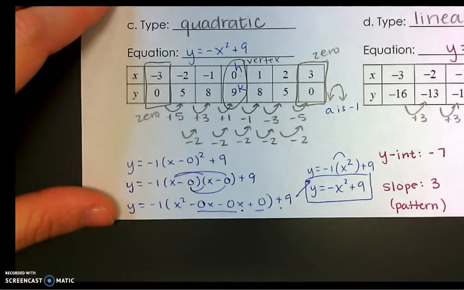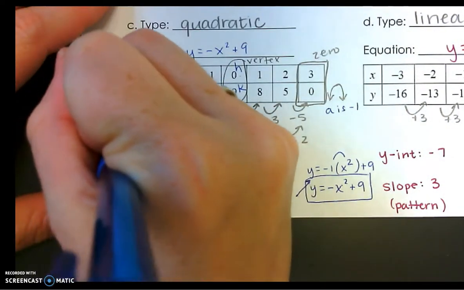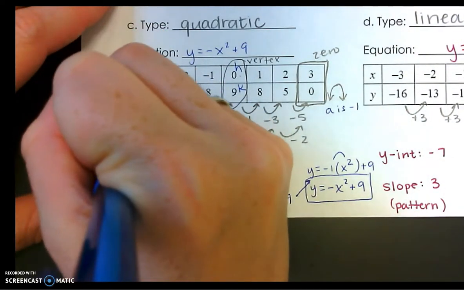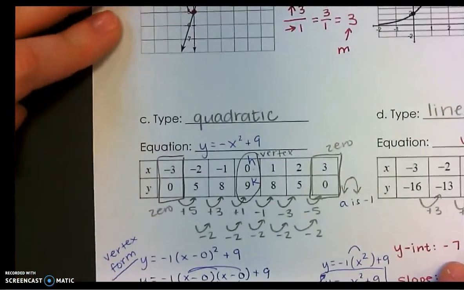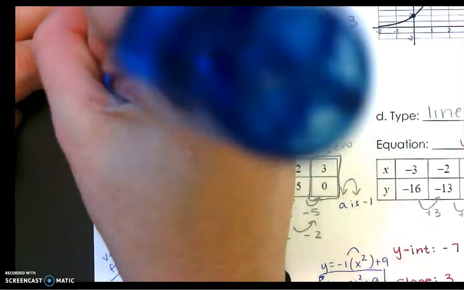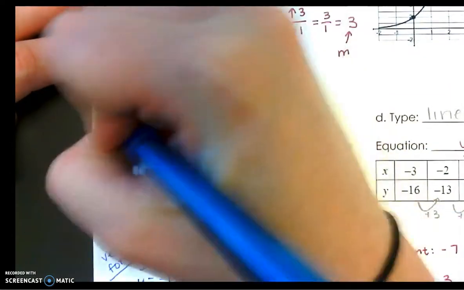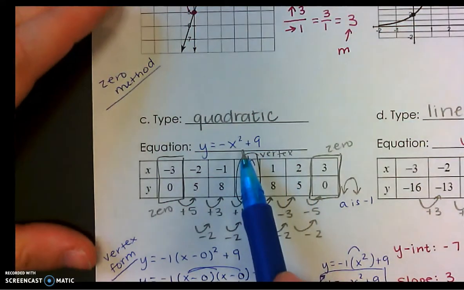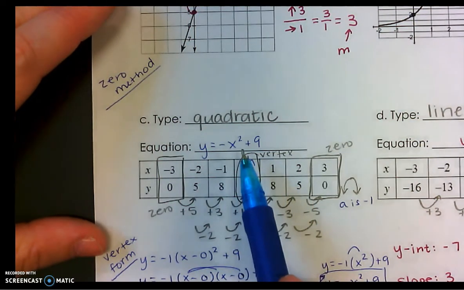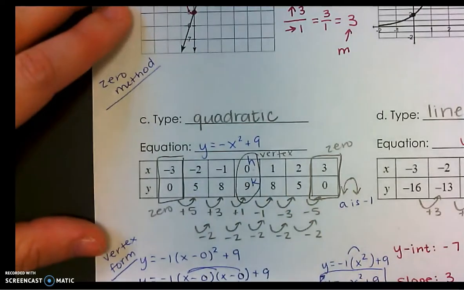So let's make sure that we get the same thing if we use the zeros method. This is the vertex form method. I'm going to squeeze in my zeros method up here. I know that I should end up with this equation. If I don't, something's going wrong.